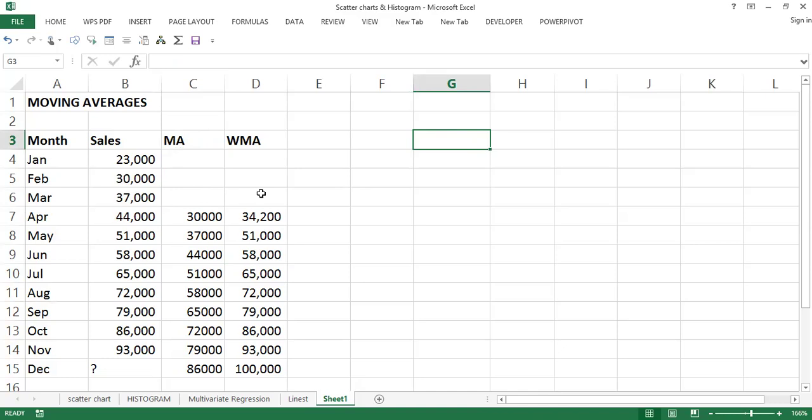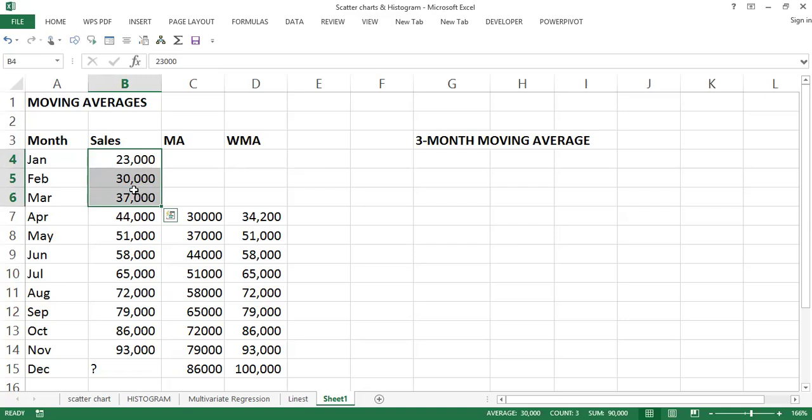For example, we may decide to do what we call a 3-month moving average. What that means is we are going to compute the average of January, February, March. That's 3 months, to try to forecast what the April sales will be.